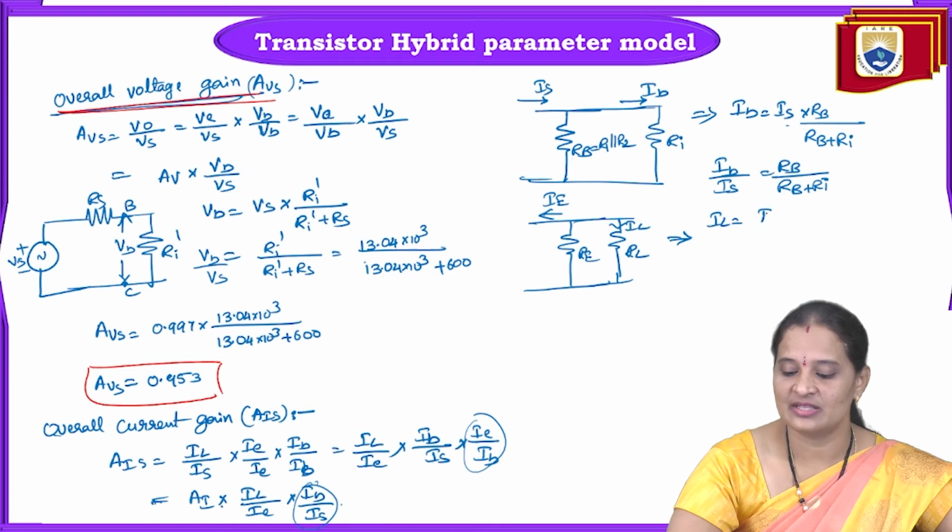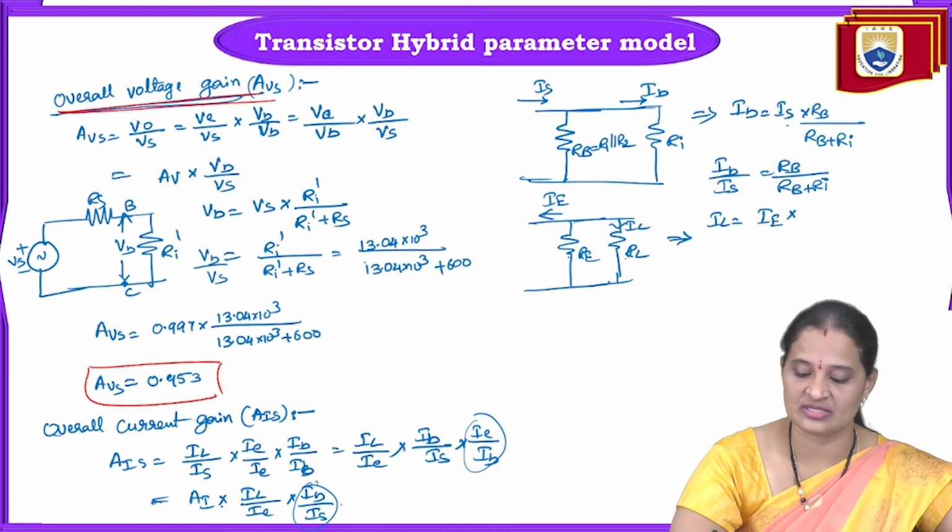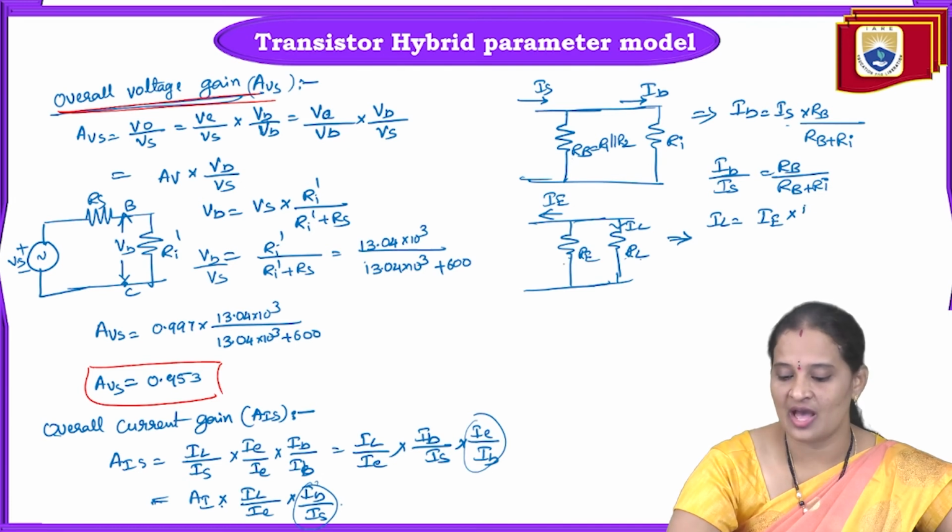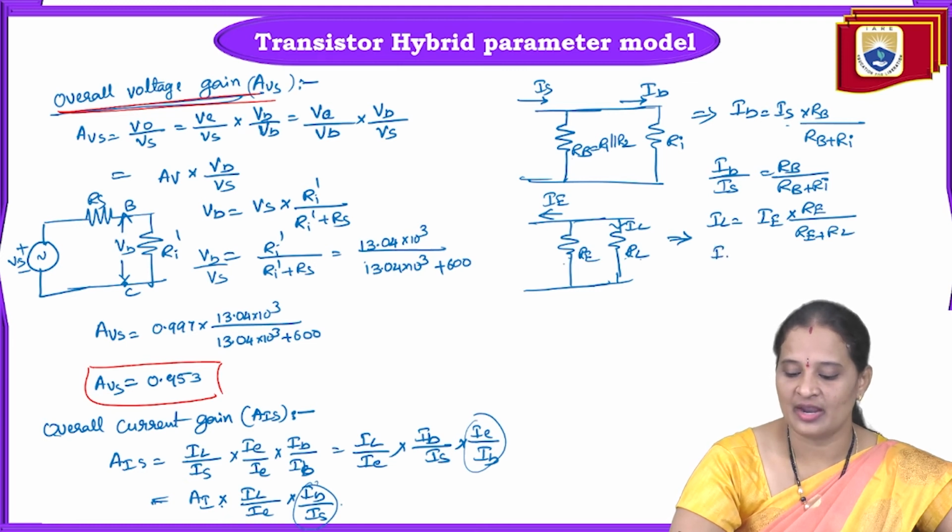That is given by IE into the opposite resistance, RE divided by RE plus RL. So I can find IL by IE as RE divided by RE plus RL.